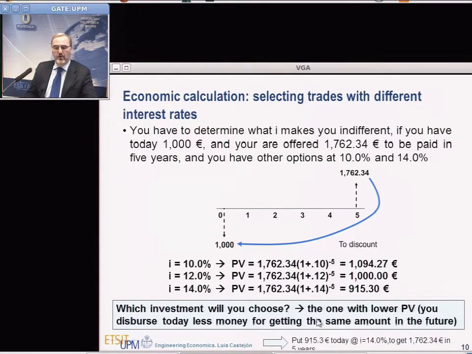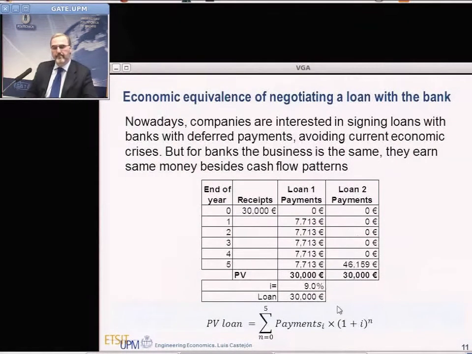So which investment will you choose? The one with the lower present value, because you will disburse today less money for getting the same amount in the future. So put today 915 euros, at an interest rate of 14%, to get in the future 1,762 euros in 5 years. So I think this is clear.